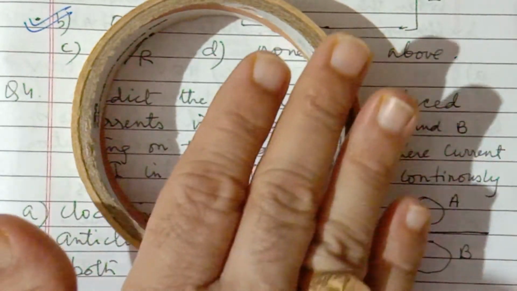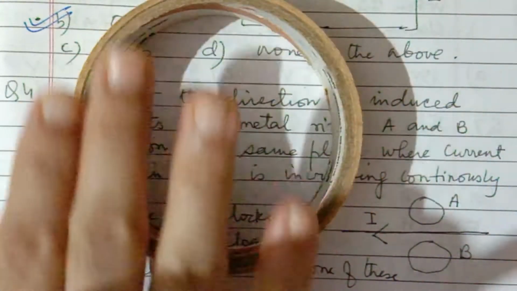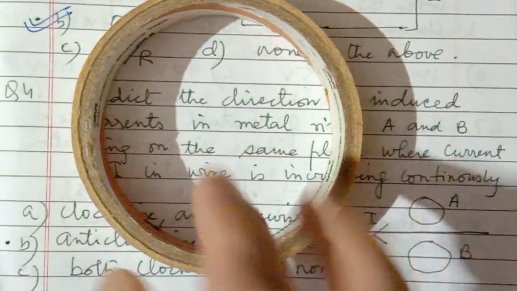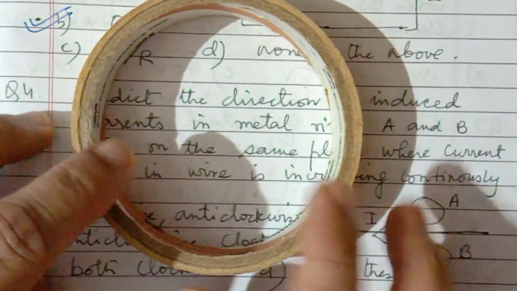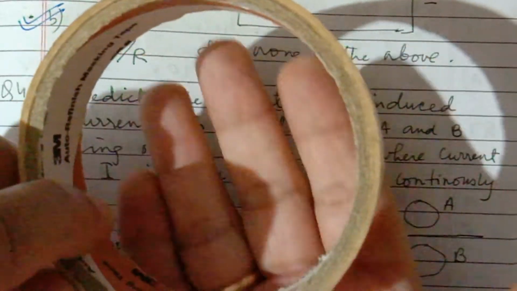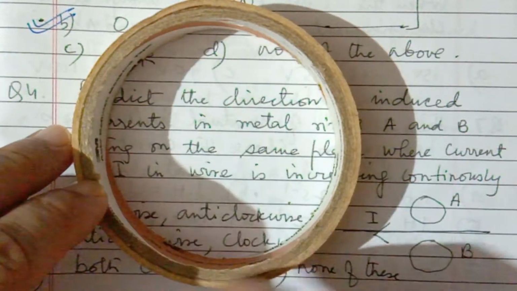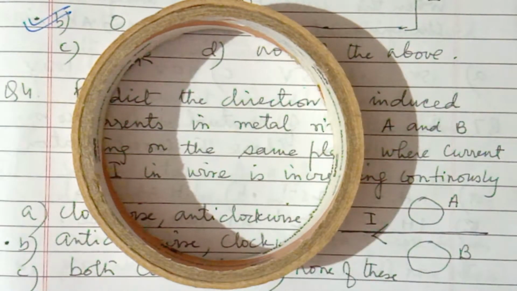Because the magnetic field is coming up, the upper face should be north and the lower one south. So as you are viewing it, this is north.